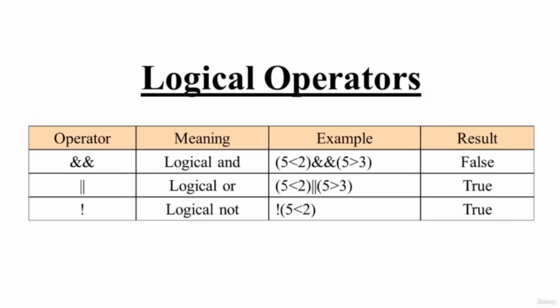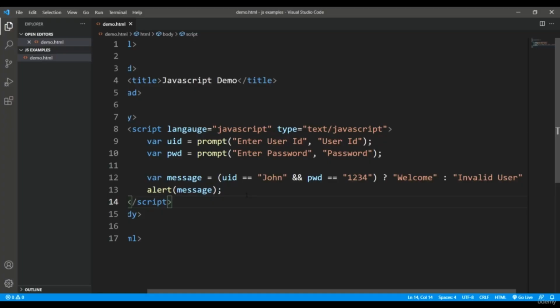So let's see practically how we can start working with the logical operators. Now here in this video, along with the logical operators, we are also implementing the ternary operator. So first of all, let's have a look at the ternary operator. What I have done here, this question mark and this colon together make up the ternary operator. Ternary means the operator has three operands.